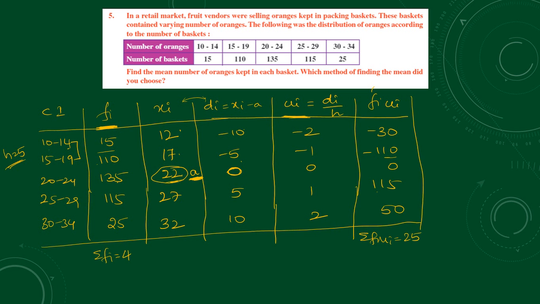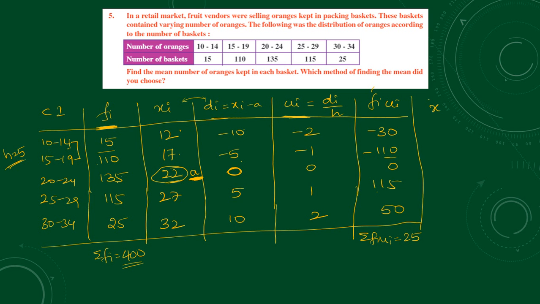So what is the answer? The sum is 400. Once again, if you check, 5 plus 5, 10, 15, 20, so 2 is carried, and so on. So sigma fi is 400.